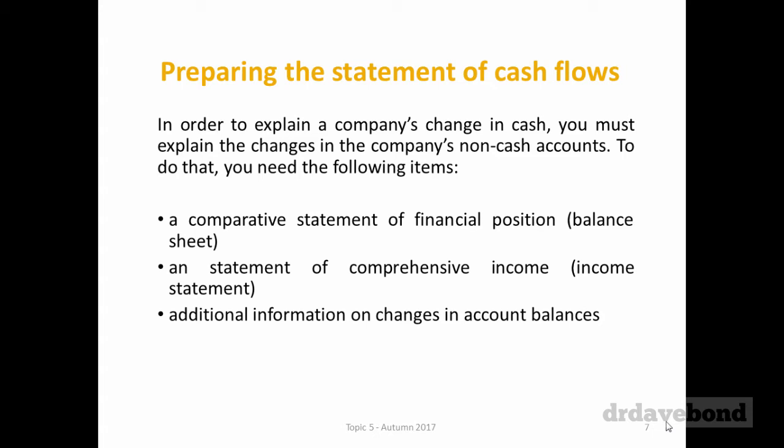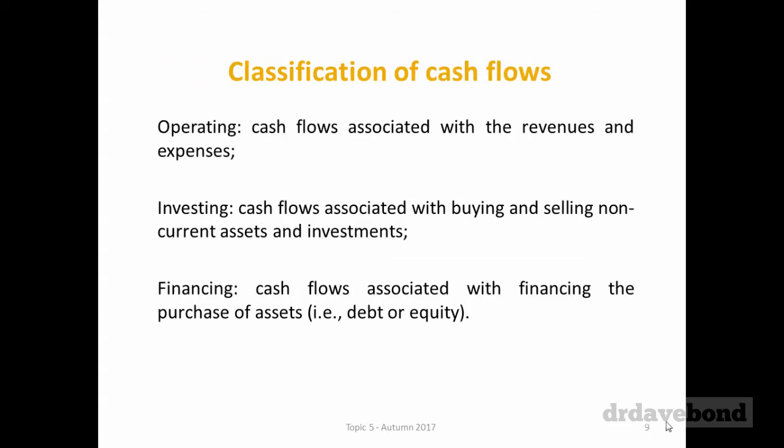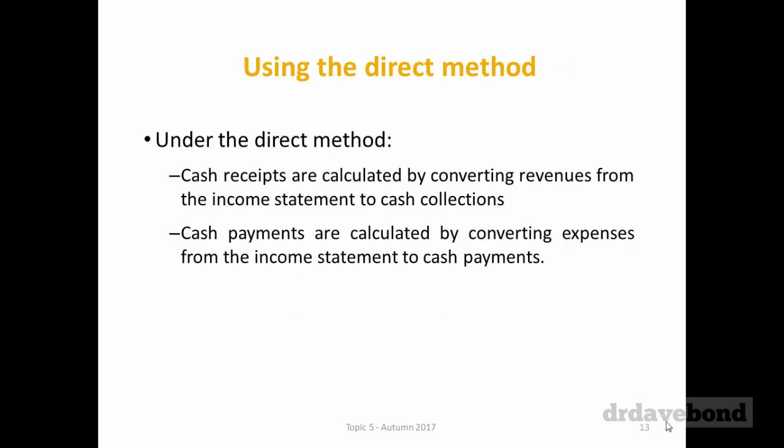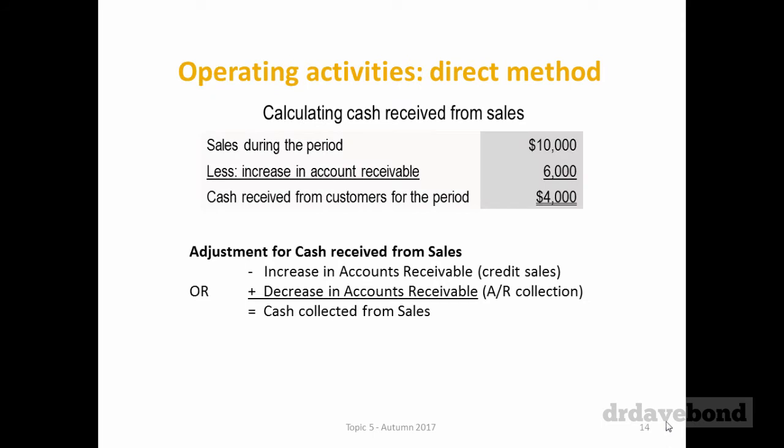So we've got cash, accounts receivable, and then from the profit and loss, we have sales. So we know we've made, for example, 10,000 in sales. We have accounts receivable, which started at 60,000, and accounts receivable went up to 66,000.